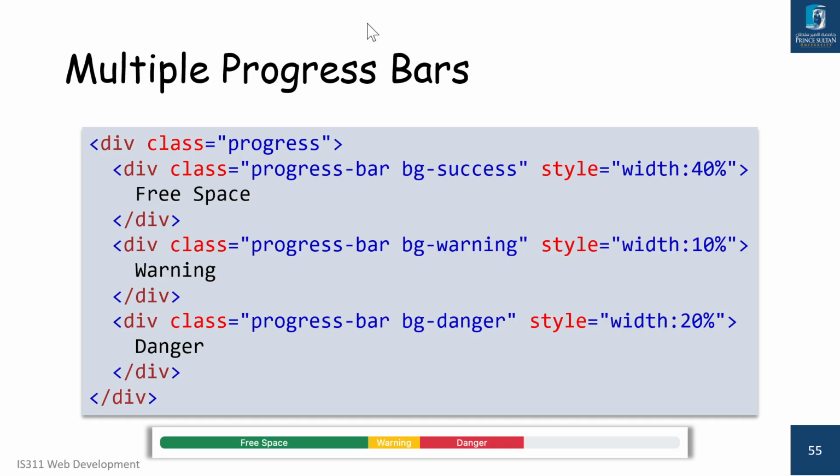But in that case we definitely need to write JavaScript code which looks at the progress of the file being downloaded and updates our progress bar accordingly. So right now it doesn't make sense why we are using it, but when we have the JavaScript capability, which is coming later in this course, we will be able to fill this progress bar according to the progress of the download task or the upload task or something.